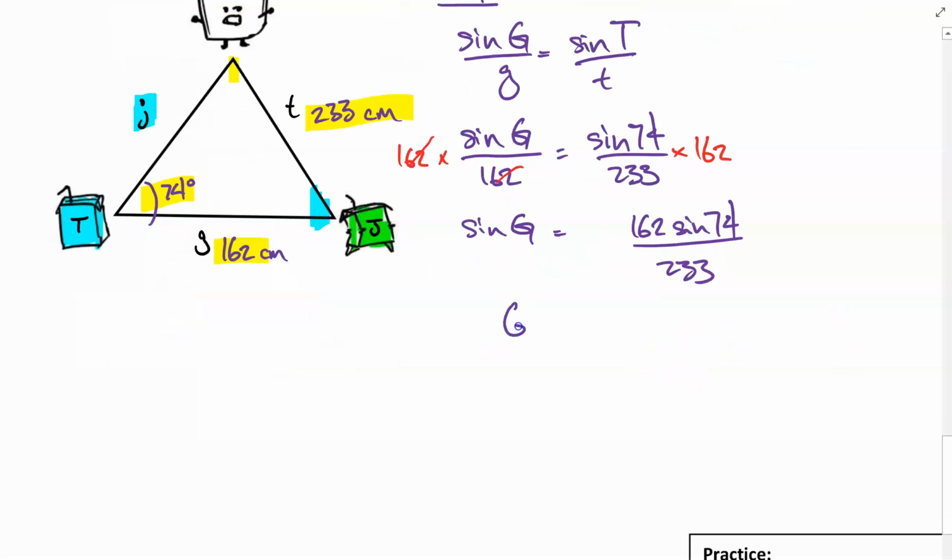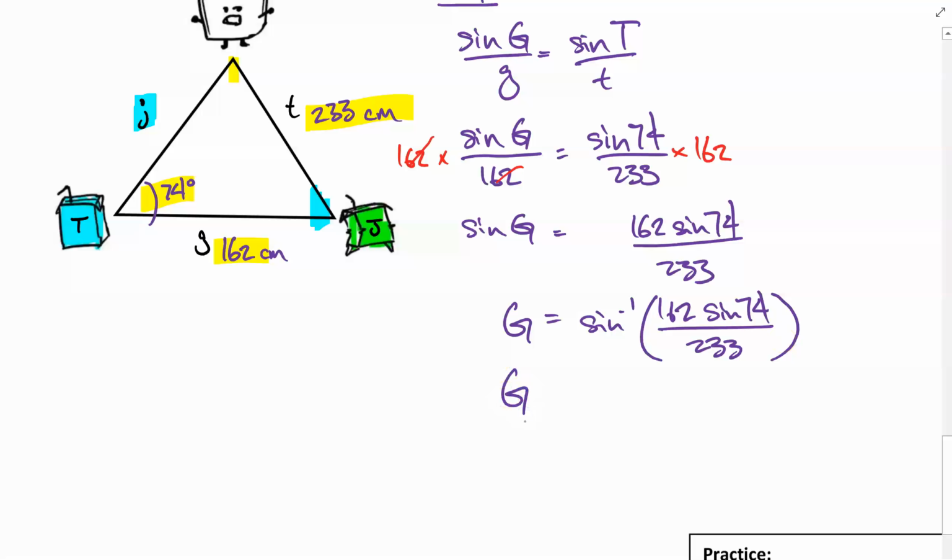And to get G isolated, I'm going to do G is equal to the sine inverse of (162 sine 74 divided by 233).